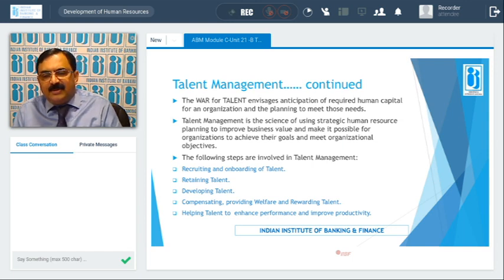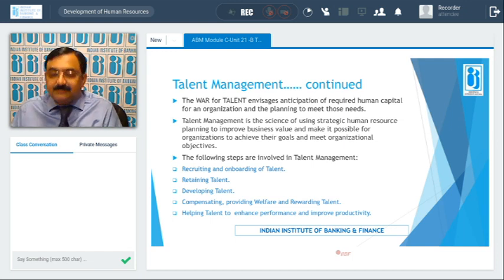For example, it could be part of learning and development, it could be part of leadership development, it could be having a very differentiated approach in rewarding the talent, and of course providing an environment which is not only challenging but also very empowering so that the performance can continuously improve.